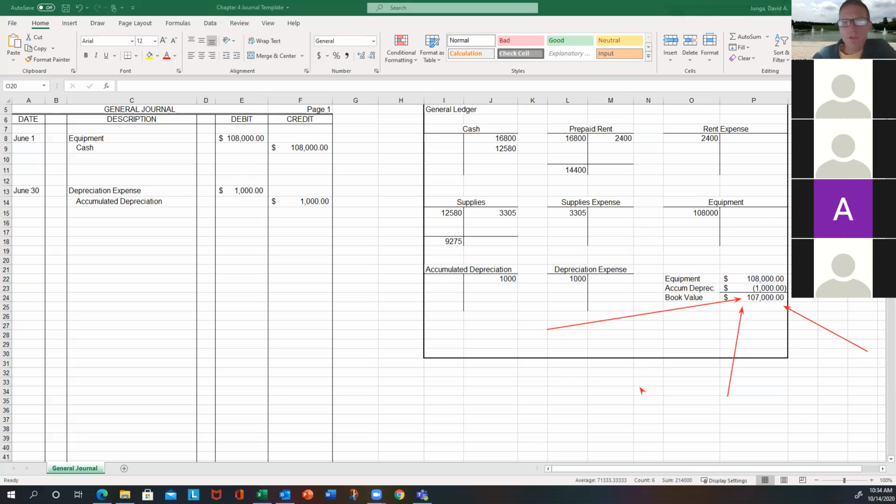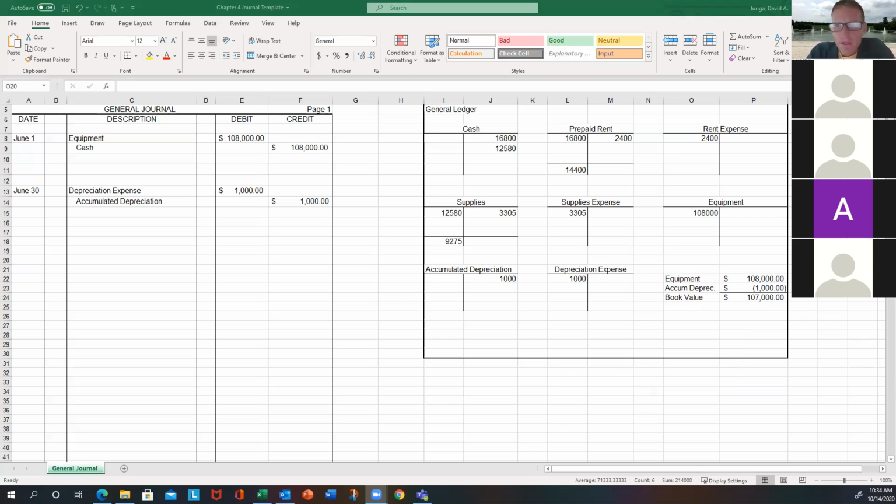All right, well, one more thing I just want to mention on this, because we talked about this on Monday, is that straight line method of depreciation means that every month gets allocated the same amount. It's a fixed number. So when we did that 108,000 divided by 108 months, we get 1,000.